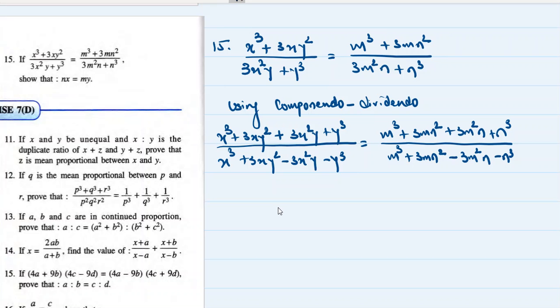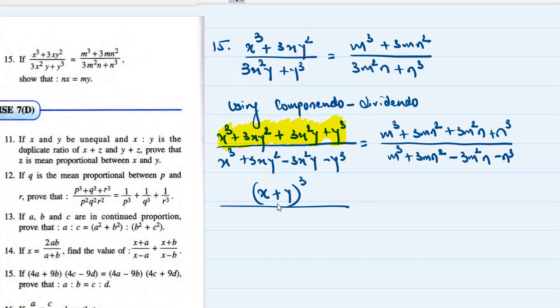Okay, so you get a cube plus 3ab square plus 3a square b plus b cube, which is a plus b the whole cube.